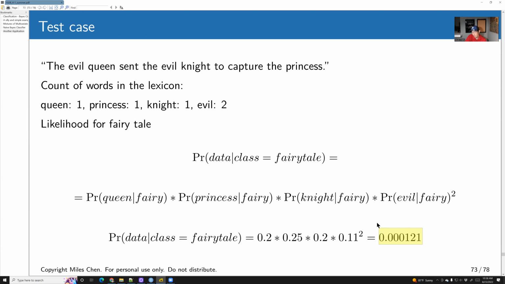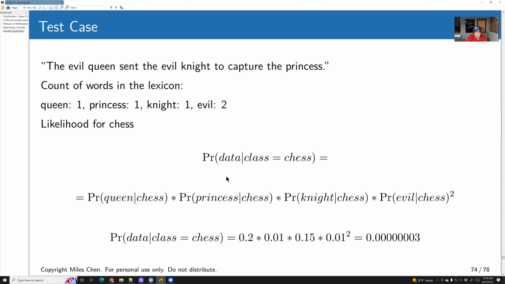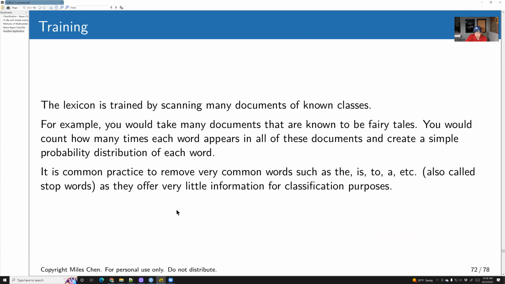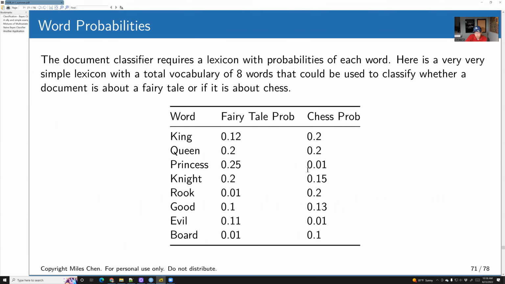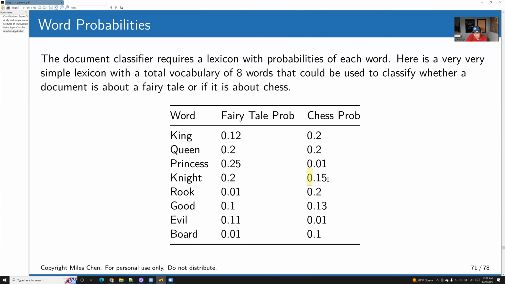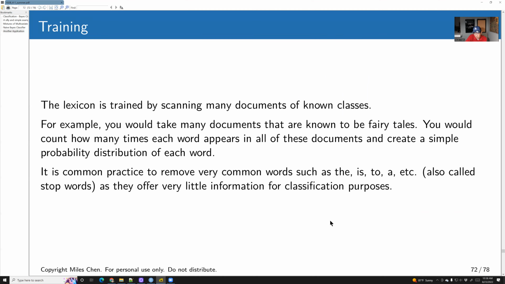Let's compare this with the likelihood if it was about chess. What's the likelihood of getting this data if the story was about chess? Queen for chess is 20%. Princess for chess is 1%. Knight is 15%, and evil is 1%.